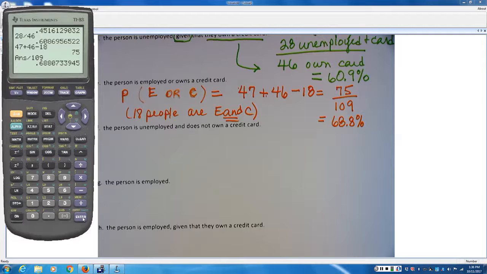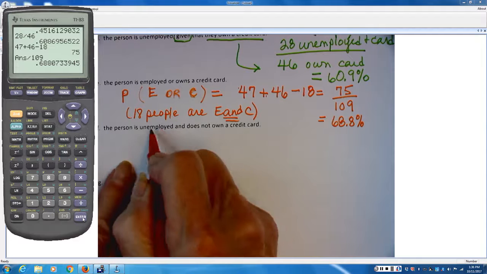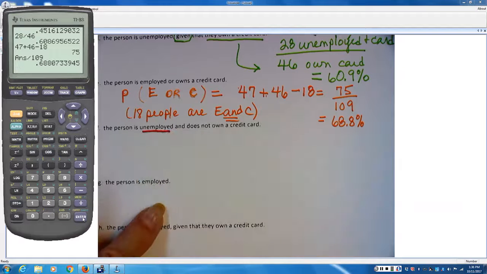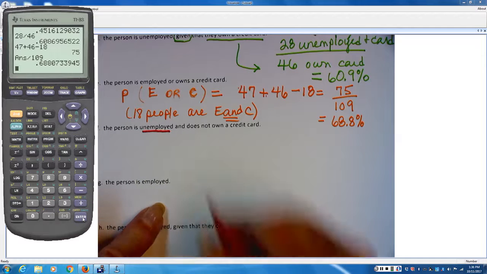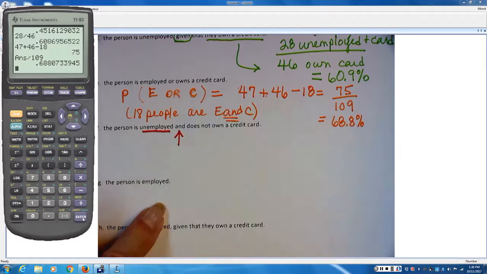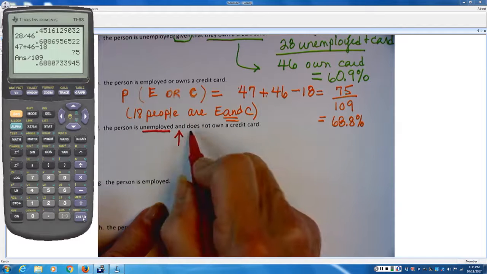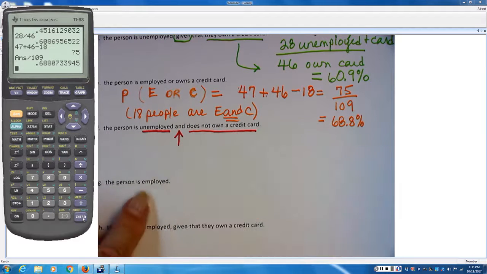And the key is not to get that mixed up with what the next question asks us. Because the next question says, unemployed and does not own a credit card.